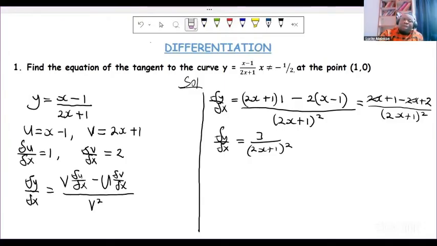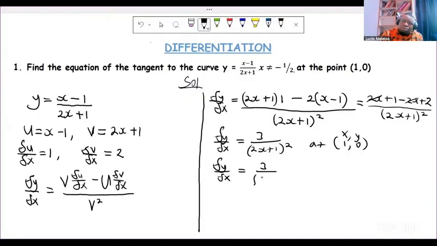So we are going to put in the point (1, 0). So at (1, 0), what would dy/dx be? dy/dx will now be 3 over, now, whenever you see coordinates like this, the first represents x, the second represents y.